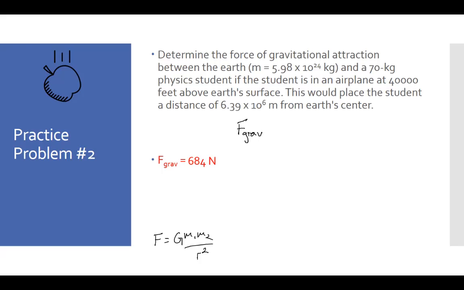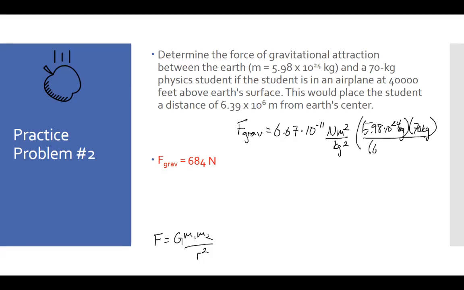F gravitation is equal to the gravitational constant, 6.67 times 10 to the negative 11th newton meters squared per kilogram squared, times 5.98 times 10 to the 24th kilograms, 70 kilograms, all over our distance, 6.39 times 10 to the 6th meters squared.